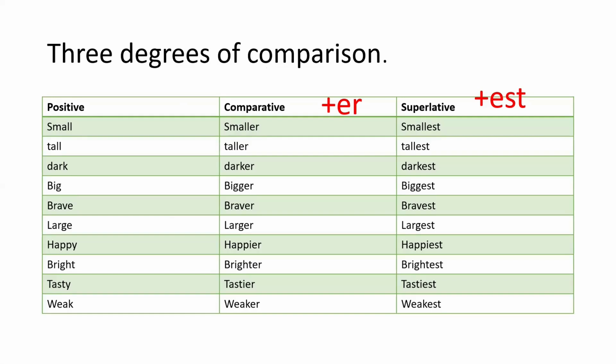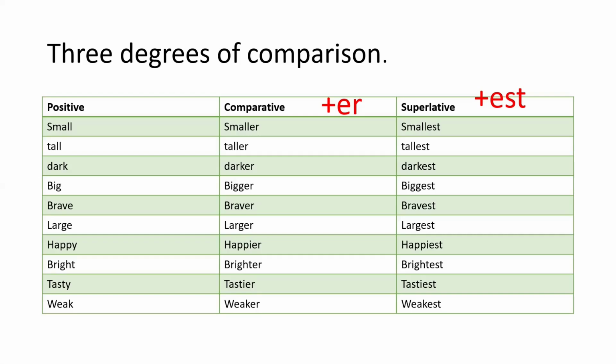There are three rules. In the first rule, we add ER and EST to one syllable adjectives to form comparative and superlative. In this table, look at the first column. In the first column, you can see a list of adjectives. For example, small, tall, big, brave, large, happy, bright, and tasty.